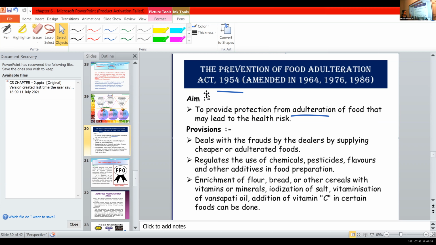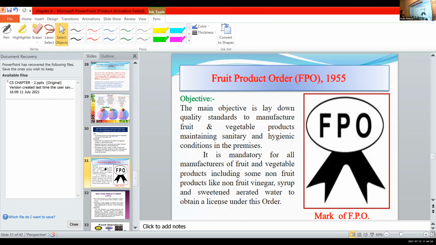It's easy, Reina. Next one, FPO. Look at the symbol. The symbol is very important. This is the label, FPO. Next time, if you buy any kind of fruit products, this FPO symbol is only for the fruit things, which means processed fruit products like jams, squashes and all. We can see this FPO symbol or this FPO label.